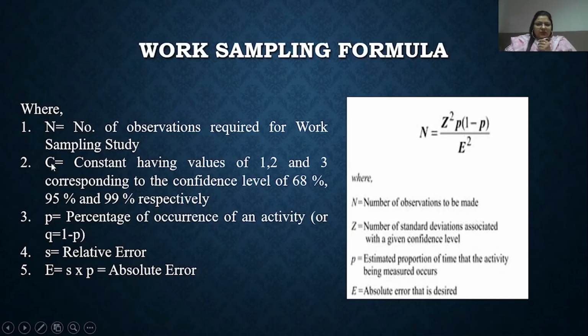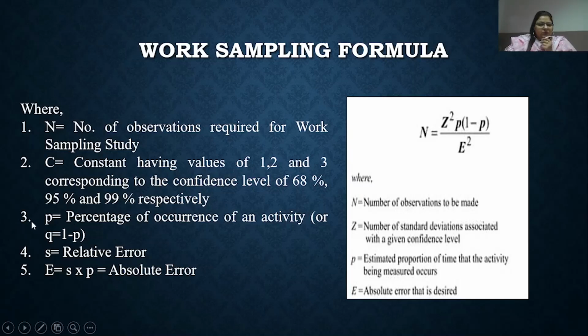Next one is C. C is a constant having a value of 1, 2, 3 corresponding to the confidence levels of 68%, 95% and 99%. Here 68% relates to 10% error, 95% relates to 5% error and 99% relates to 1% error accordingly.